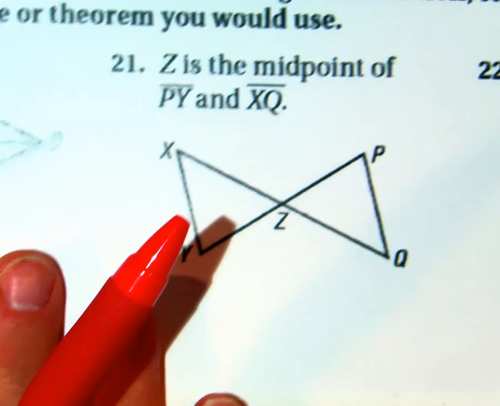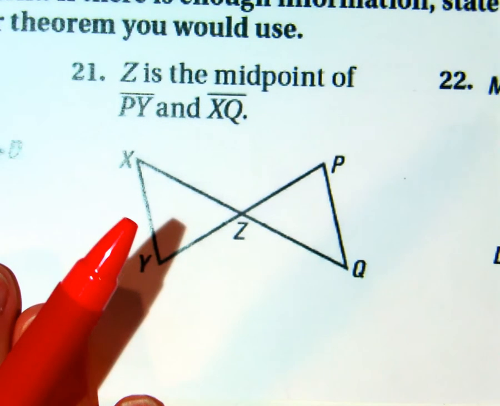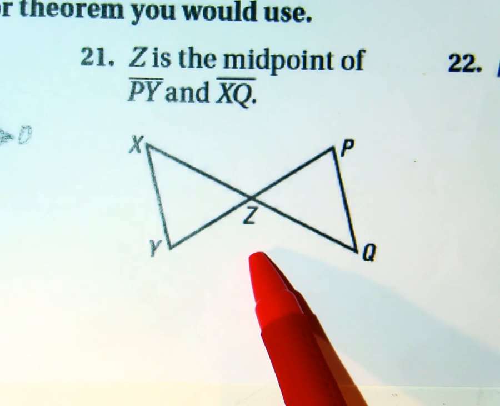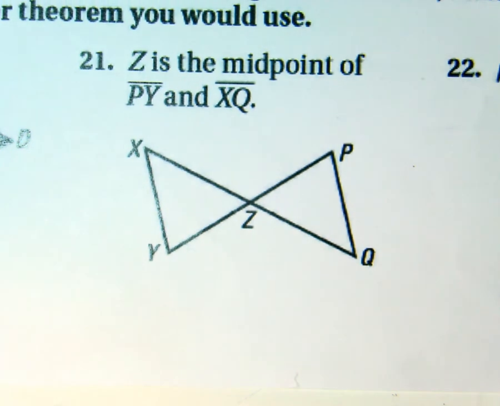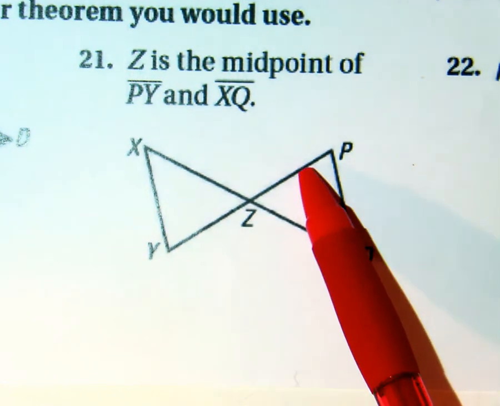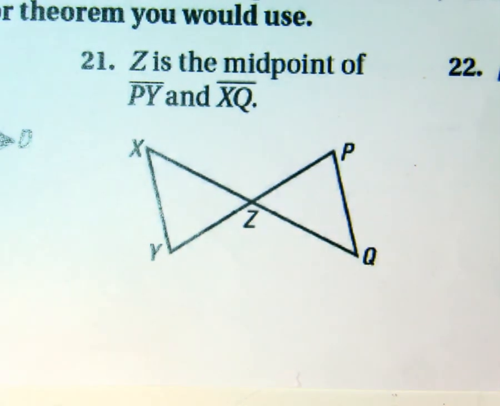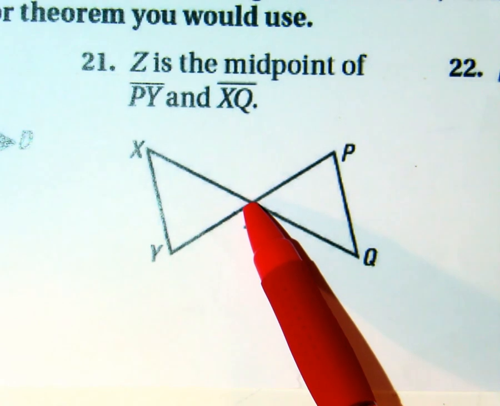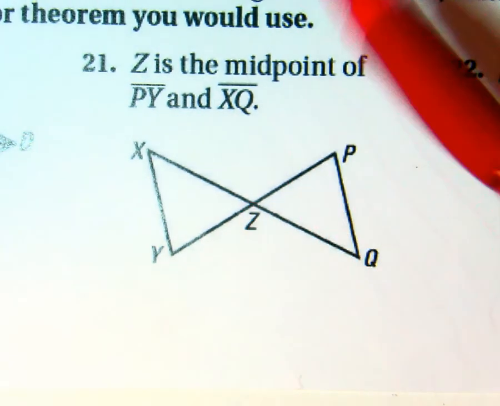Okay, now for this one, you know this is the midpoint. Do you have enough to know that they're congruent? You really don't. You need to know you've got some side lengths. Oh, wait, I take that back. I just saw that. It'd help if those were parallel, but since you know it's the midpoint, you do have enough.